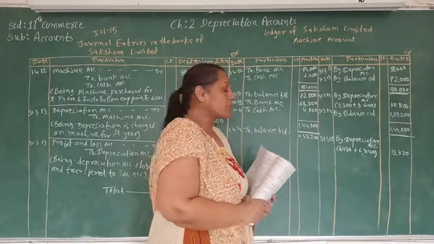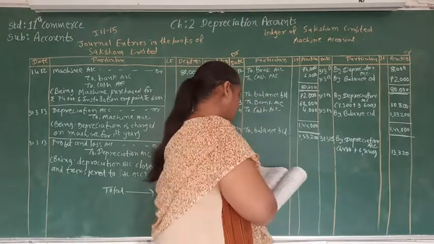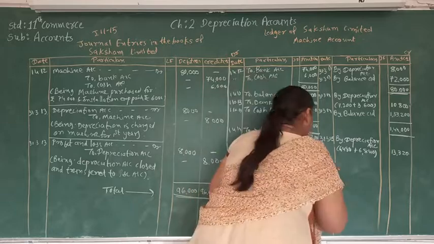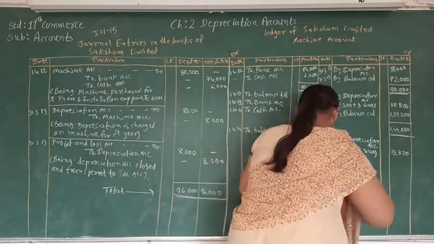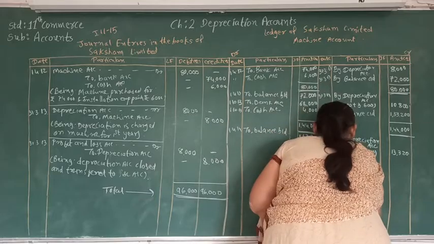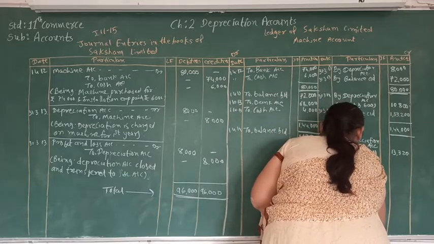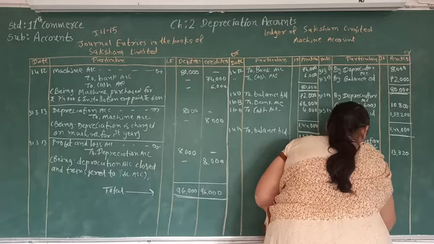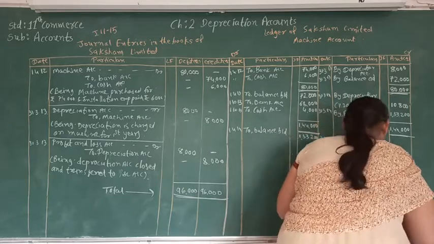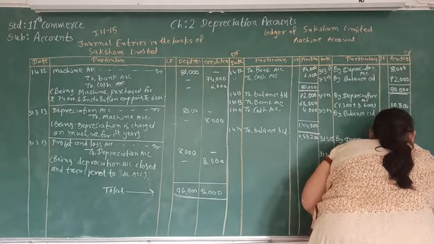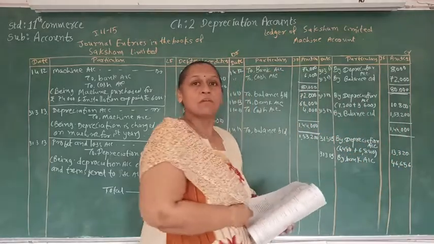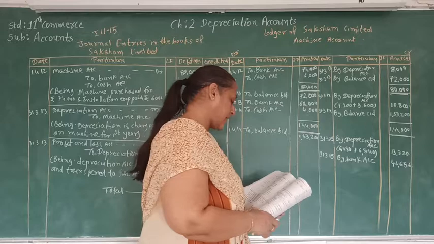Now after providing depreciation, the first machine is sold, and for that we have received money in the bank on 31/3/15, by bank account, and the amount that we have received is 46,656, and the balancing amount is the loss, that is 20%.